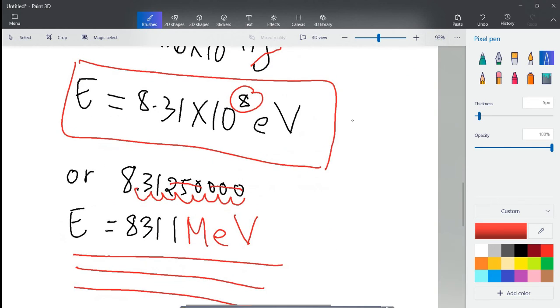And since the other question is to convert that into electron volt units, we have the result, the product of computing the energy at a specific frequency.